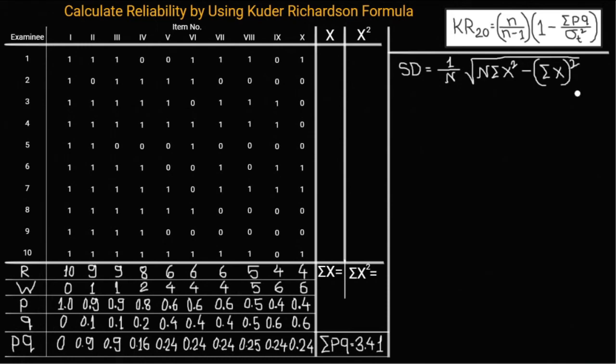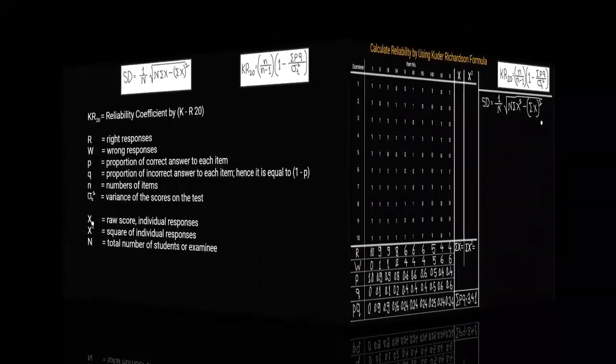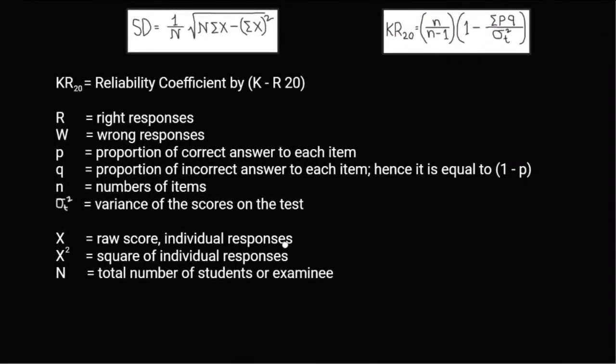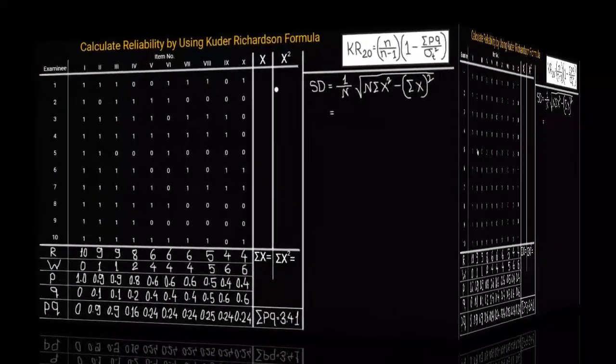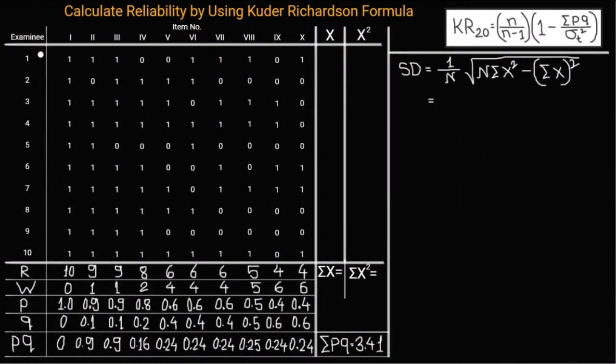There are some requirements, so let's take a look. Capital X is the raw score or individual responses, x square is the square of individual responses, and n is the total number of students or examinees.